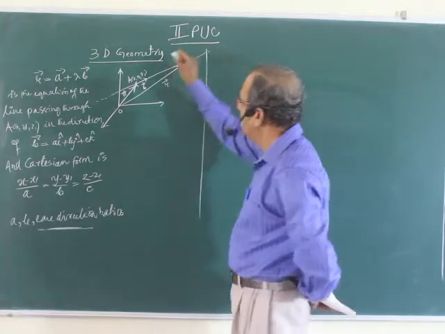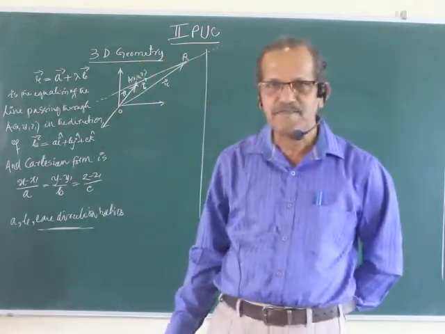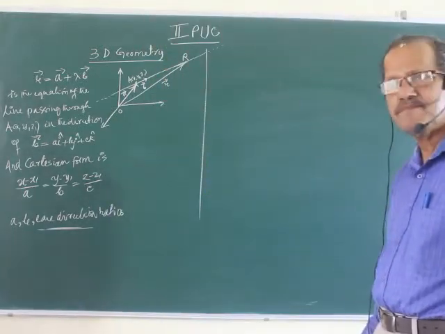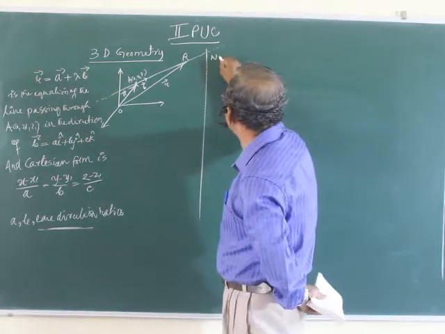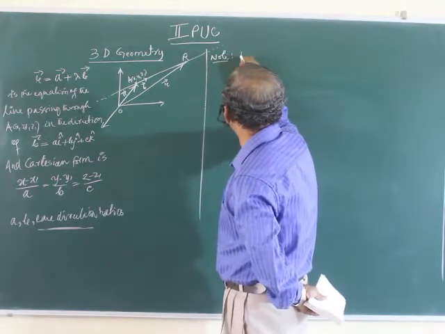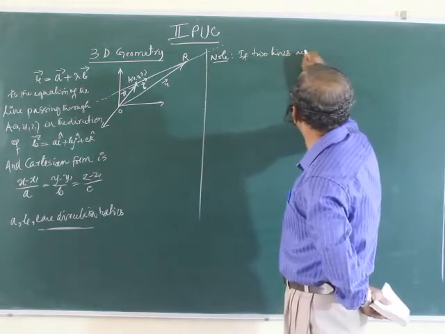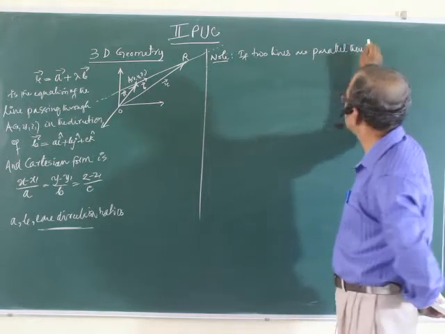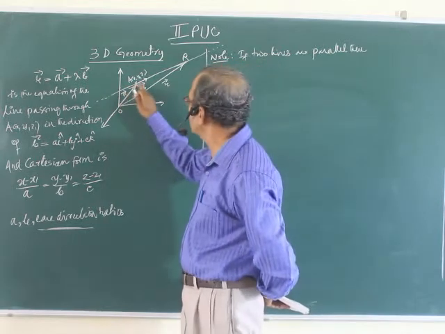Now, two straight lines are parallel. What is your conclusion? I have given this in the last video. If two lines are parallel, then parallel means no doubt the vector is there.